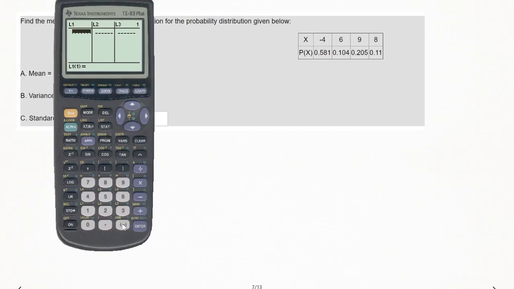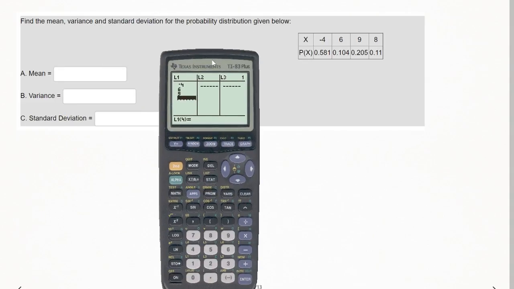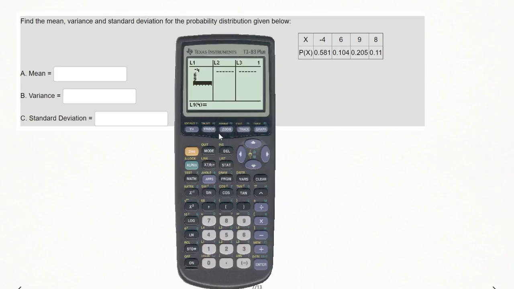So the problem we were on says find the mean, variance, and standard deviation, and we said the easiest route was to go through and plug in the observation values into a list. So we're taking these values right here and plugging them into a list: -4, 6, 9, and 8. And then we plug in the probabilities right next to that.